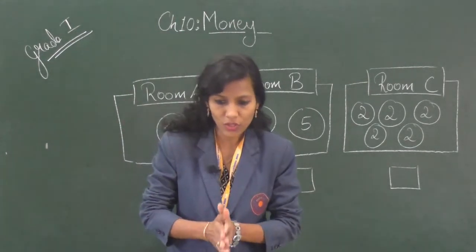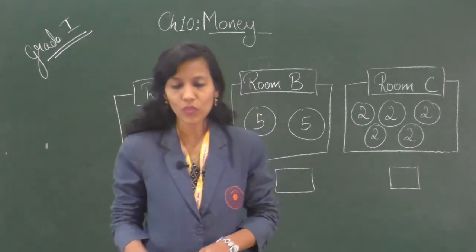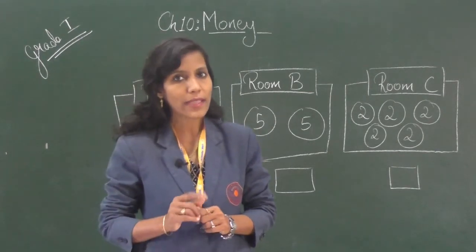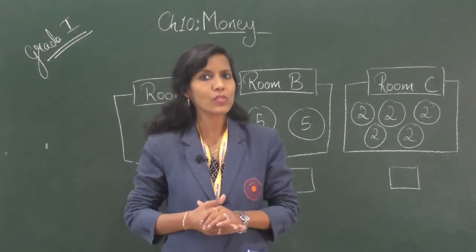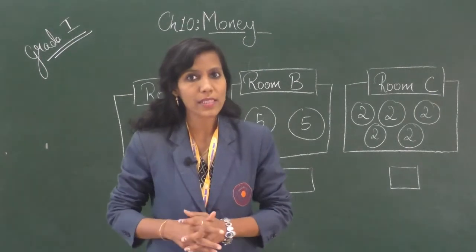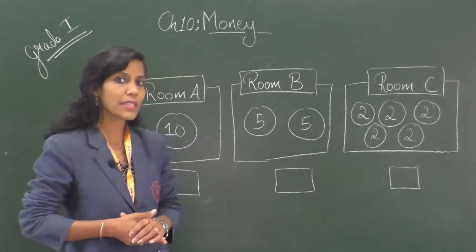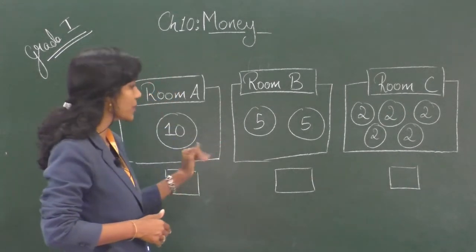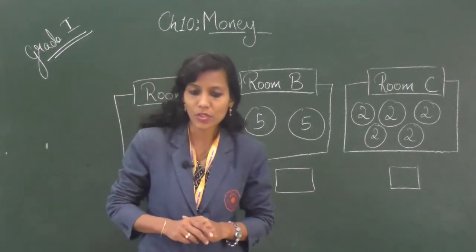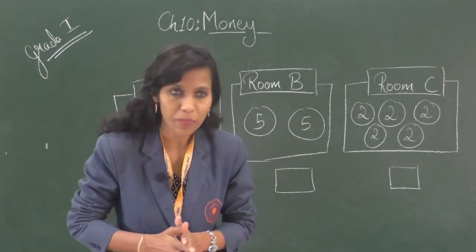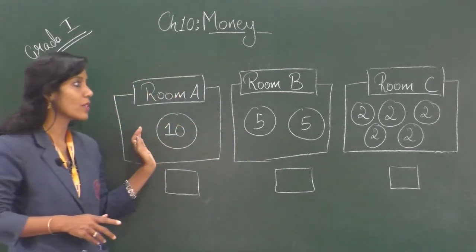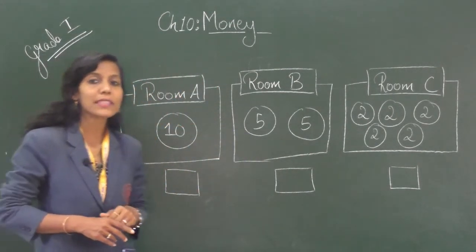Coming to your textbook, I want all of you to open page number 134 and we'll do a few exercise problems there. In the first one, a girl named Rashmi found 8 coins in her room.